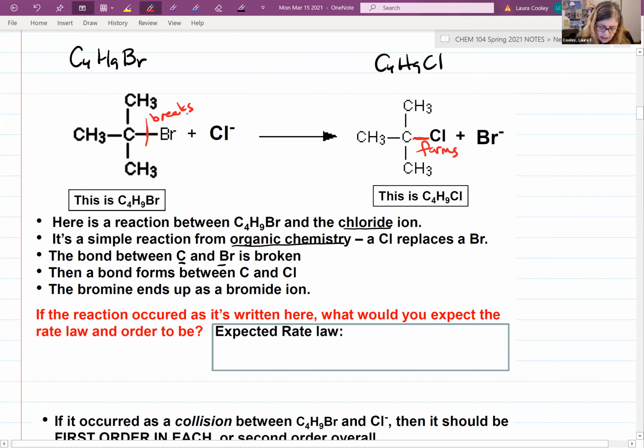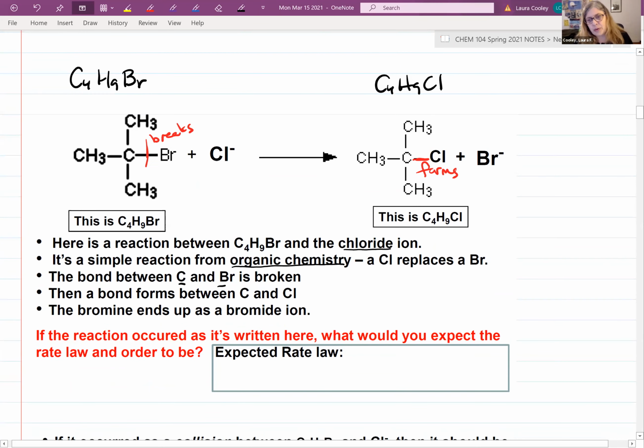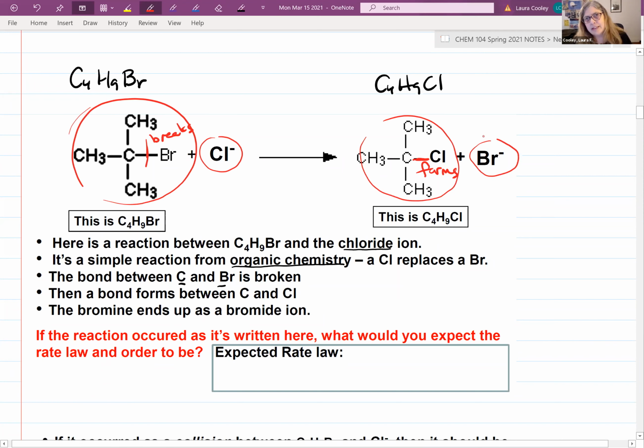So if the reaction occurred as written, in other words, if it happens exactly as I have written it here, from a collision of this molecule with this ion, leading immediately to the formation of this compound and this ion, what would the rate law be?